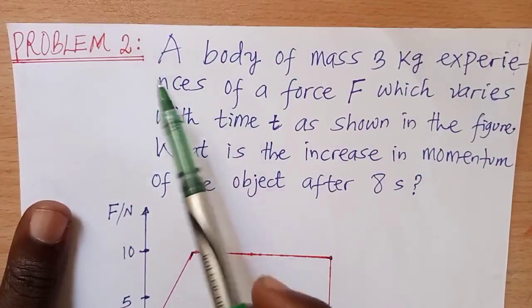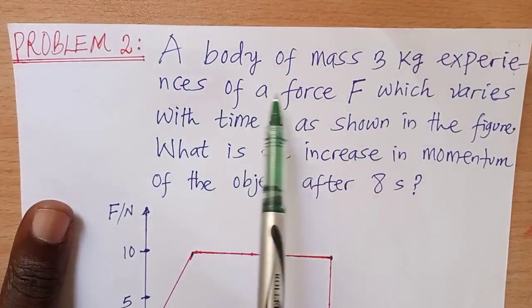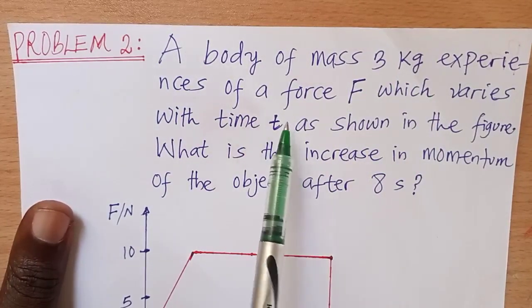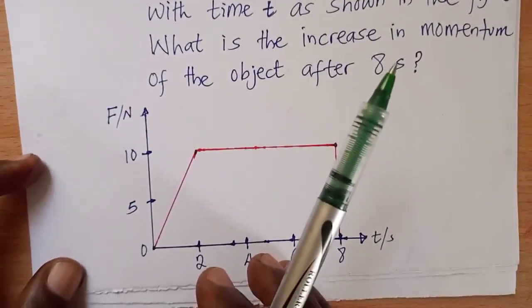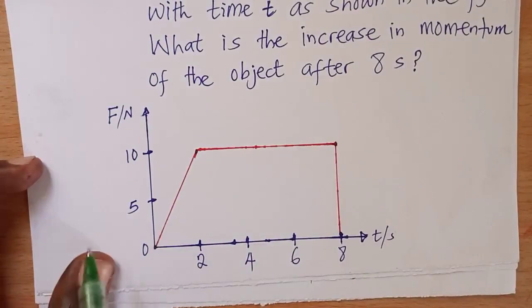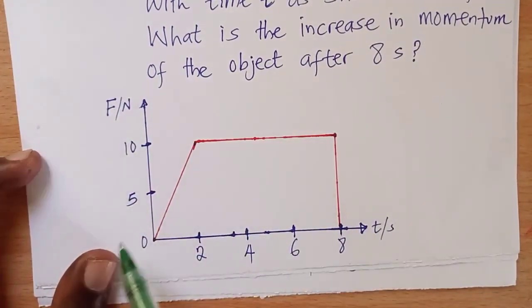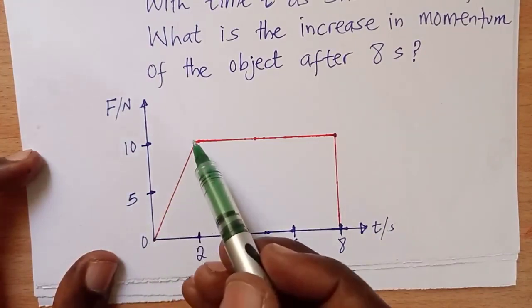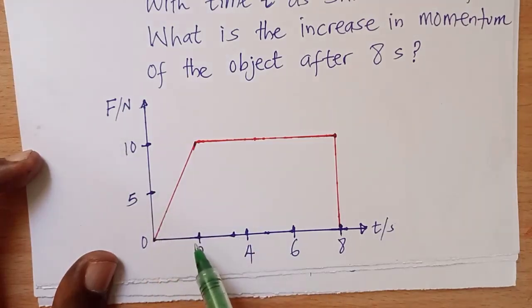The problem says a body of mass 3 kilogram experiences a force F which varies with time t as shown in the figure. And here is the figure. You can see we have a force time graph. The force varies from 0 to a maximum value of 10 Newton in just 2 seconds.